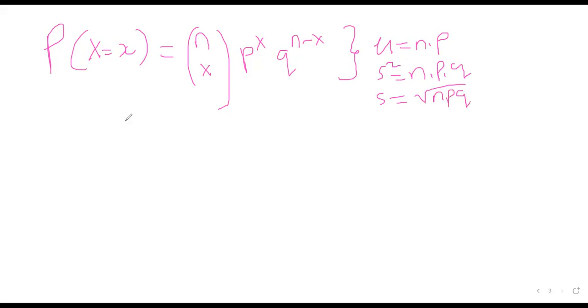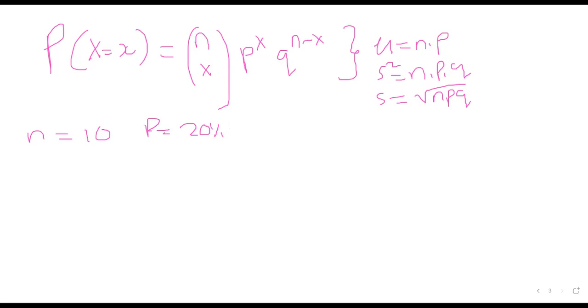So if you're given a sample size N equal to 10, and your probability P is 20%, you need to understand how to calculate the binomial.